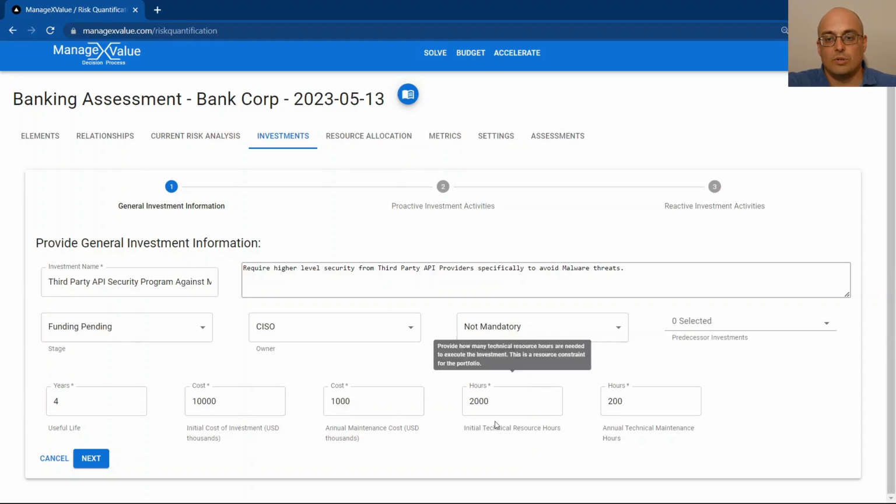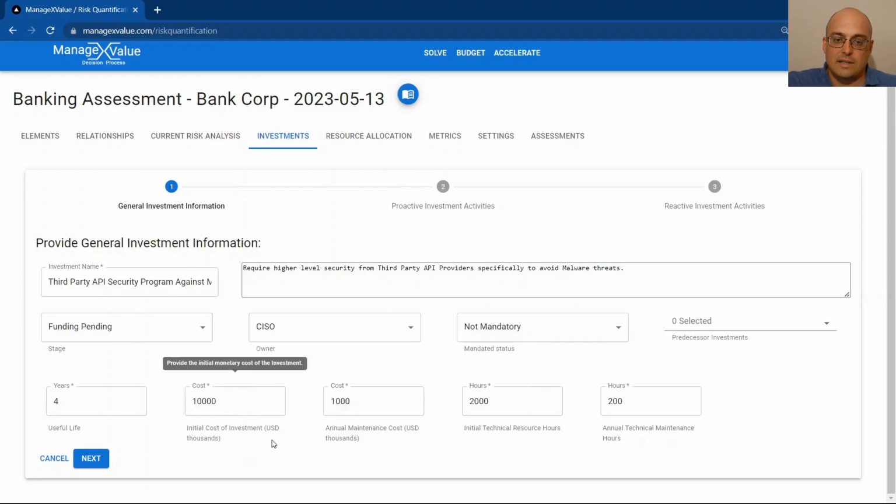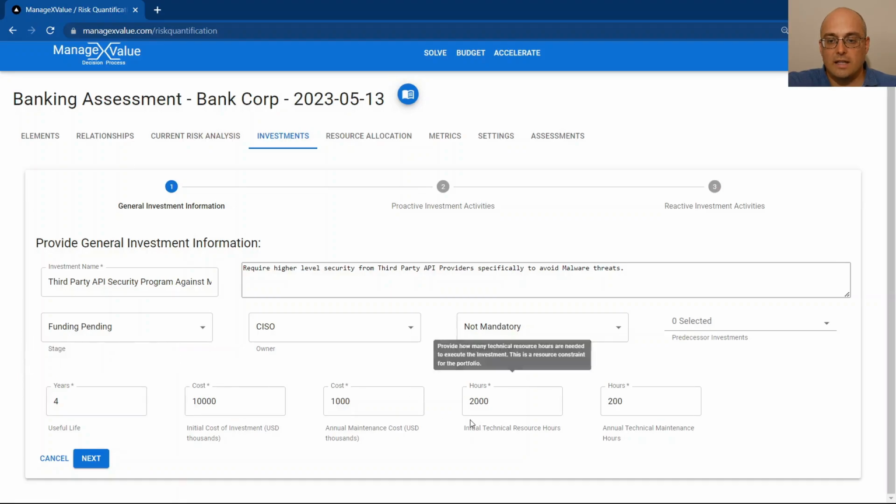And obviously the most important is to understand what the resource requirements are. In this case, cost to execute or to implement, and then the cost to operate across the useful life of the investment itself. And then from technical hours perspective, how many hours are required to execute and maintain.